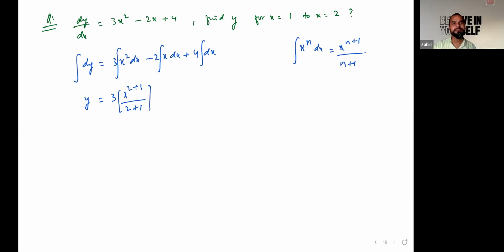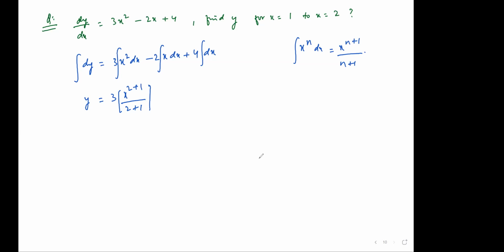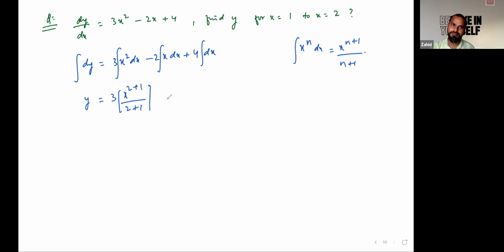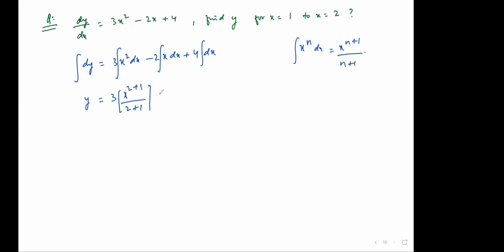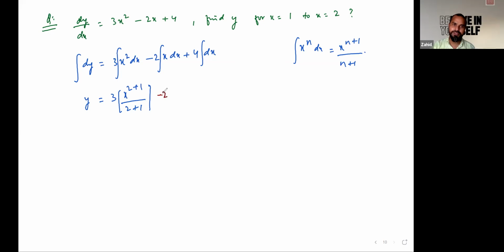Hiba, yes, sir. Tell me your answer for the second integral. Minus 2x squared. Minus 2 being the coefficient, here x raised to the power 1. So the integration would be x raised to 1 plus 1 divided by 1 plus 1. Okay.